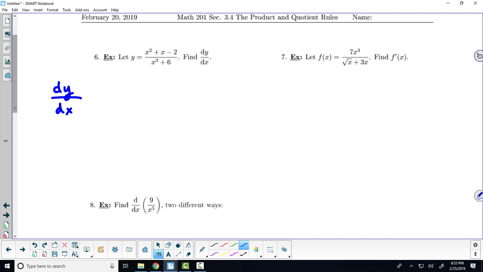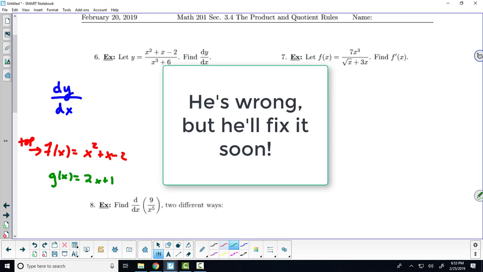So I'm going to go ahead and call f of x equal to x squared plus x minus 2. Let's call that the top. And then let's call g of x equal to 2x plus 1. Let's call that the bottom.